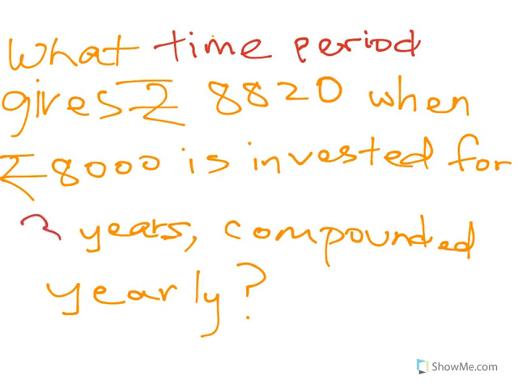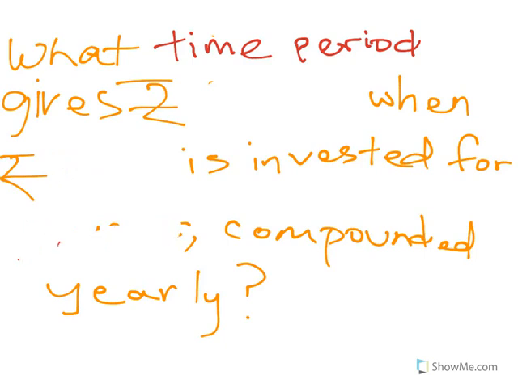let's make this 3 years, compounded yearly. Time period I can ignore, and I can just make it what time period gives, and make this at say 6%.